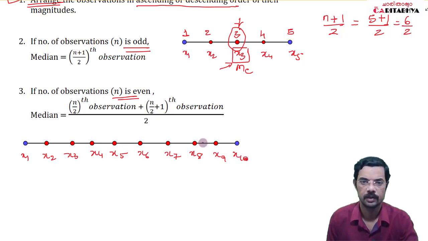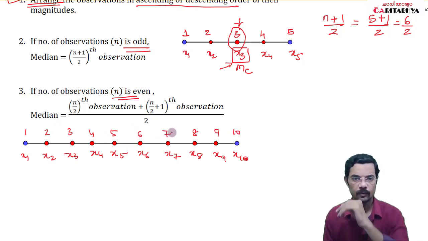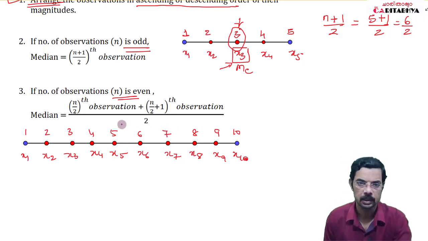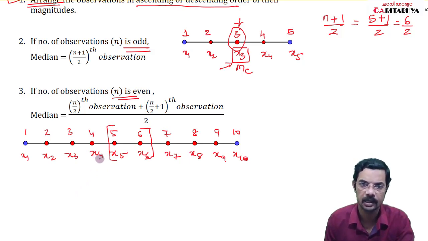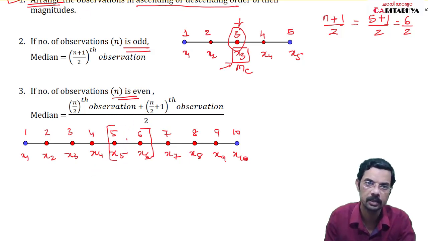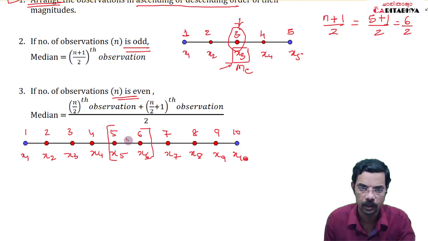So we have 10 observations: first, second, third, fourth, fifth, sixth, seventh, 8th, 9th and 10th. Now when you think about the middle part, we find that both 5 and 6 lie in the middle. These are the more centrally located two values. So here in this case, the median should lie somewhere here.